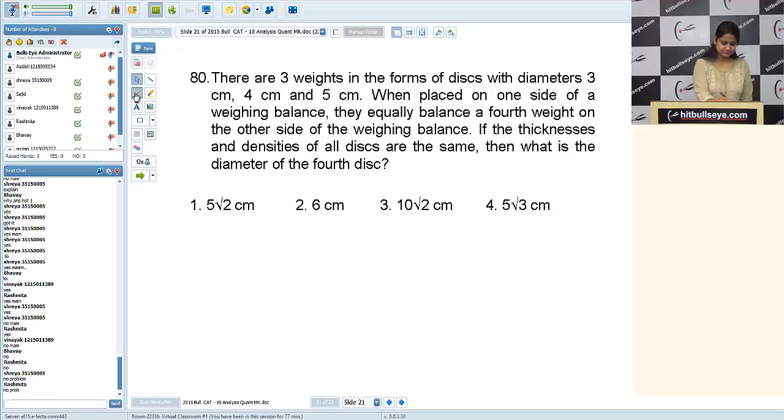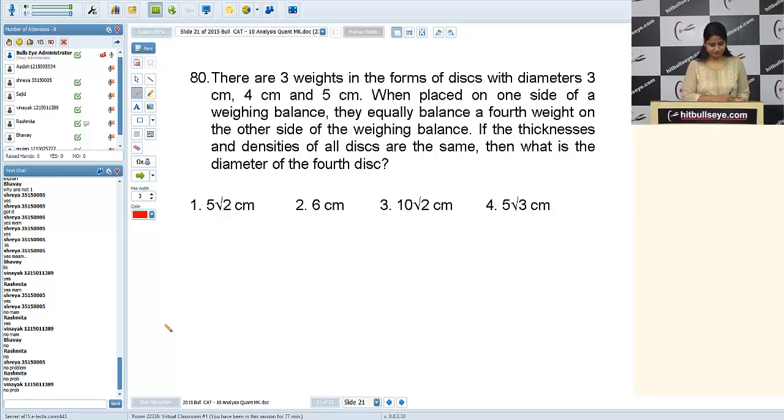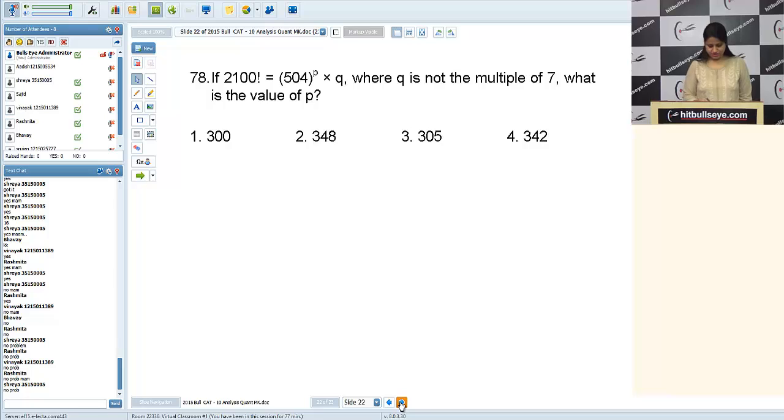80th. Nice question. Okay, and the last question, second last question, 78.